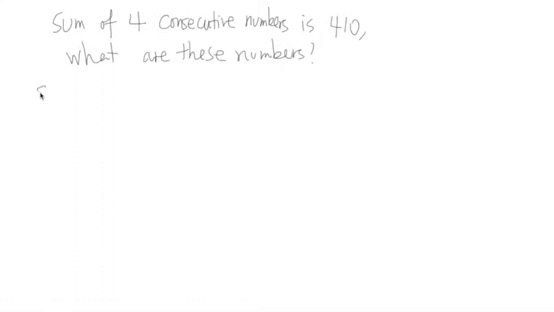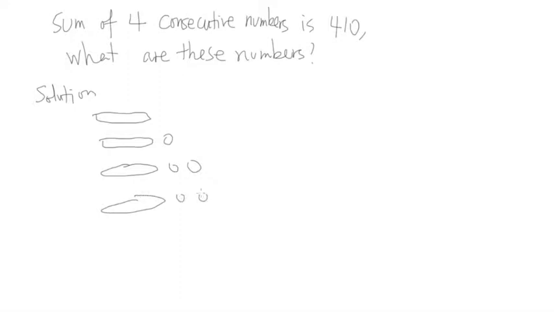Again, we have 2 different ways to solve this problem. You could draw bars: bar, bar plus 1, plus 2, and plus 3. These are 4 consecutive numbers. You can do it that way, or you can find the average.